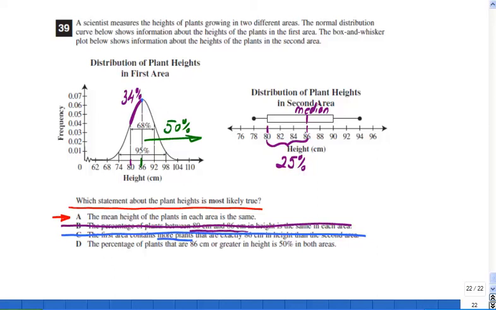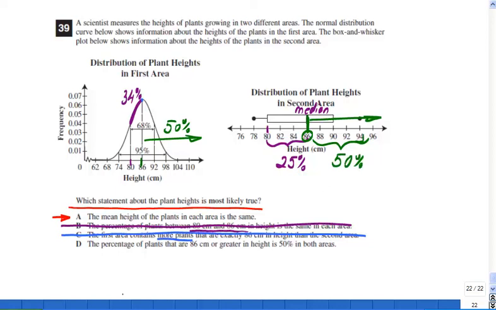Okay. Looking at my box and whisker plot, my median is right there where the 86 is. Well, all the plants that are 86 or greater will represent the two upper quartiles here, right? Which we know for a box and whisker plot, well, it's up to here, will represent what percentage of the total data?